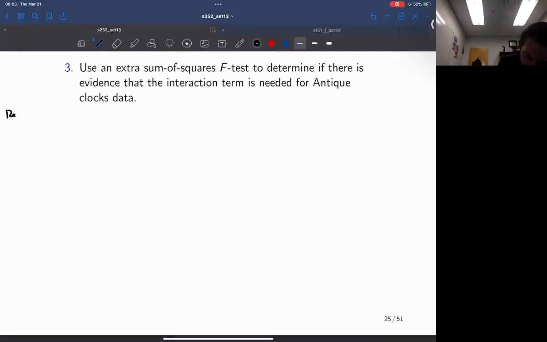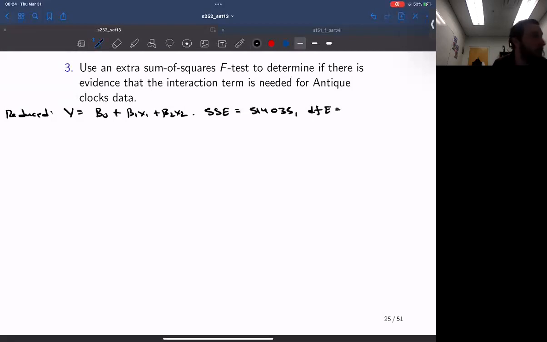So we have a reduced model, which is of the form beta 0 plus beta 1 x1 plus beta 2 x2. The sum of square error for this model is given on slide 22. The sum of square error is 514,035, and the DF error is equal to 29.